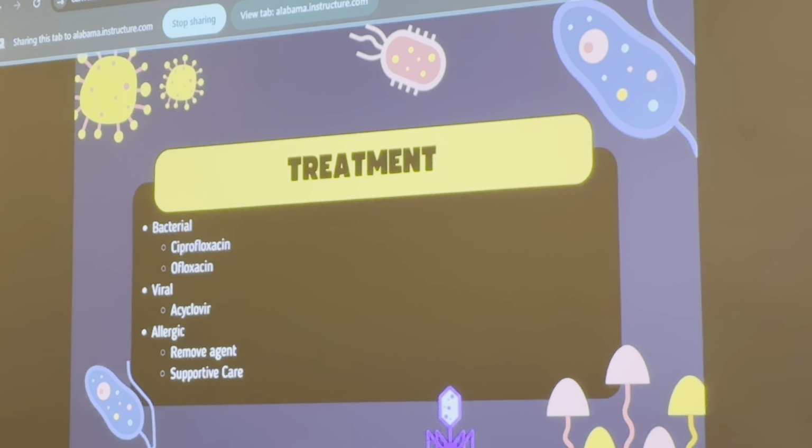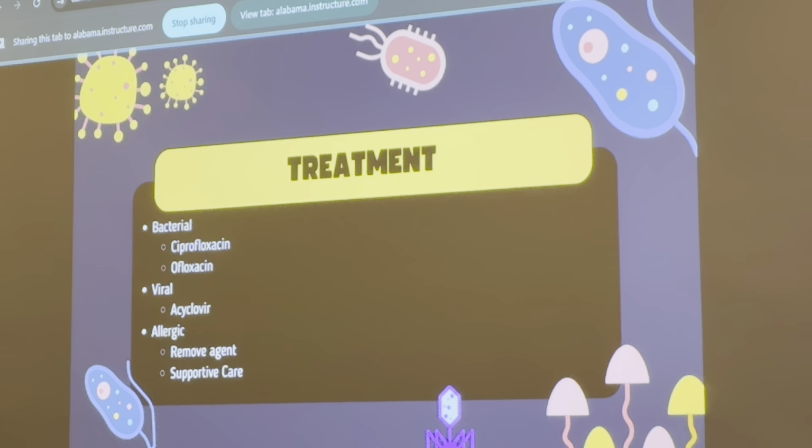All right, so for viral, we're gonna move on a little bit further. Viral conjunctivitis. If we need treatment for that, we're gonna start them on some type of antiviral. If we remember, our antivirals end with VIR, right? So your cyclovirs. That can be key to help with hopefully identifying your antiviral class. And then with allergic conjunctivitis, it's pretty simple.